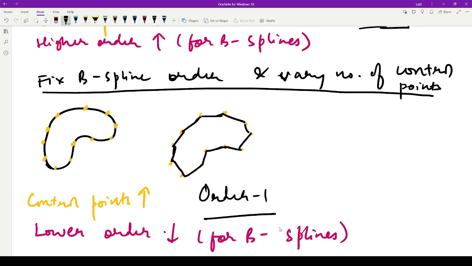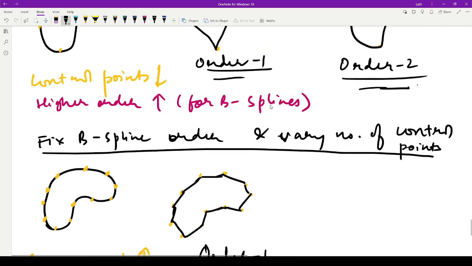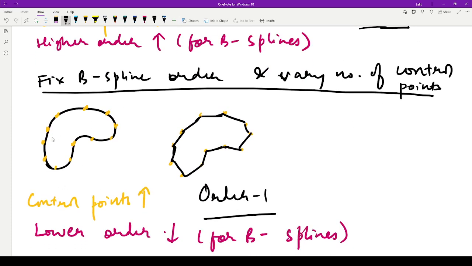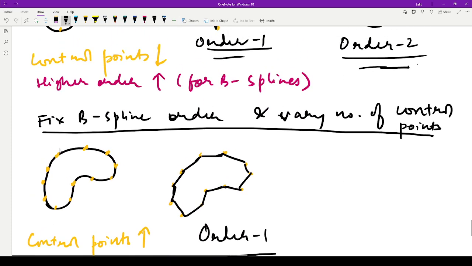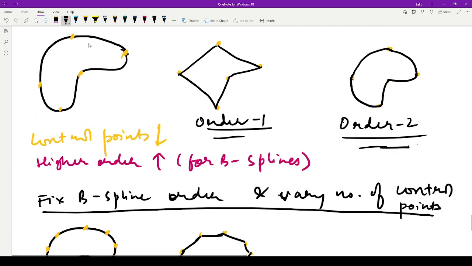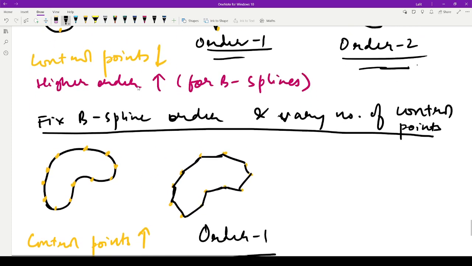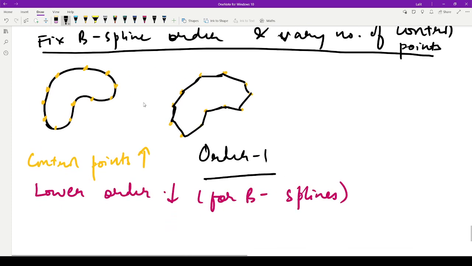So we generally tend to use slightly higher order, for instance, maybe order 2, but not so many control points. You can just reduce the number of control points to get approximately the shape. So this is a design choice based on the application. If you actually try to code it, you will have to make such choices.